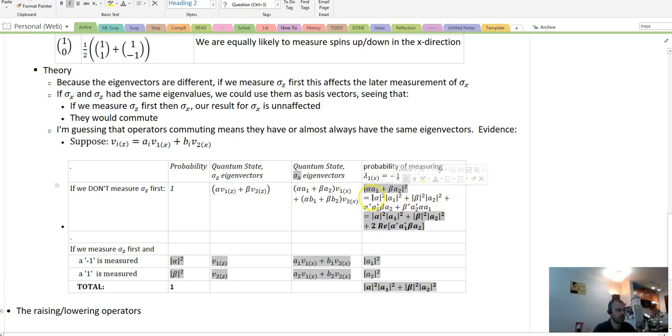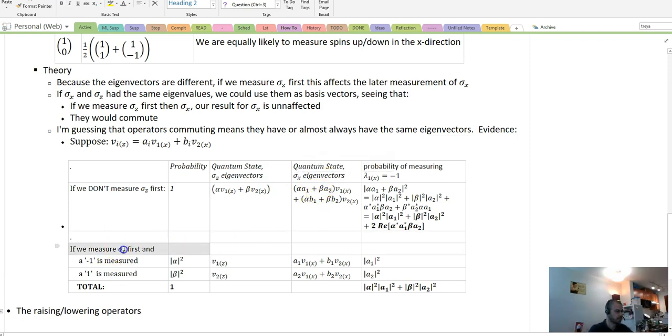So we can expand that into this. And this part, we can say that's just the real part of that. So this is if we don't measure sigma z first. We just go ahead and measure sigma x right away.